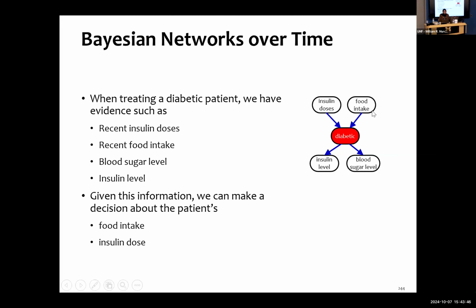The second one is the food intake, because they must take care about their food routine or have some specific diet. Next, this is going to control two other random variables, which are the insulin level and the blood sugar level.